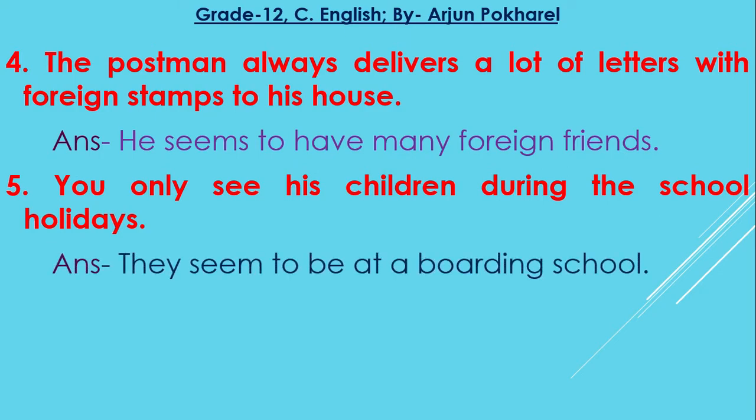That's why the answer is they seem to be at a boarding school. What does they mean here? They means his children. His children seem to be at a boarding school. In this way you can keep your answer.